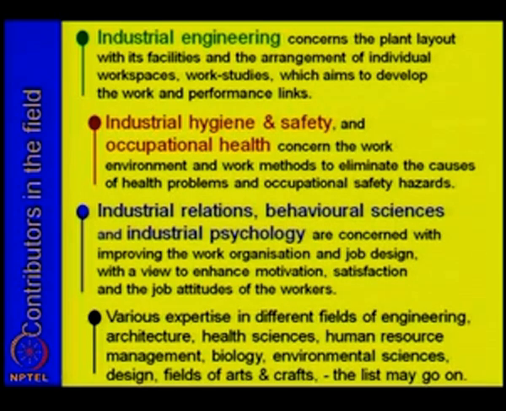So, these areas are linked with the industrial engineering discipline that is relevant to ergonomics. Now, industrial hygiene and safety and occupational health, these areas concern the work environment and work methods to eliminate the cause of health problems and occupational safety hazards.